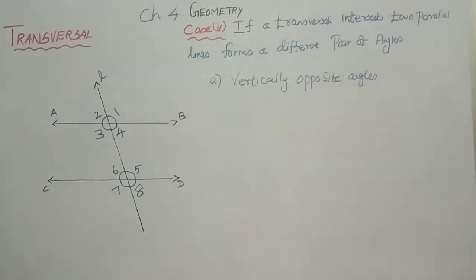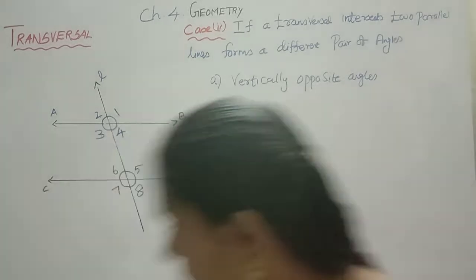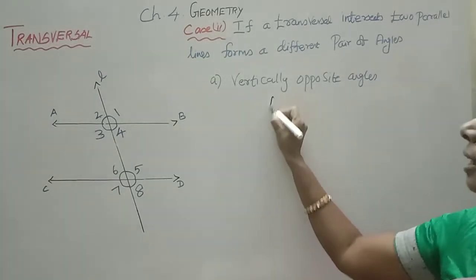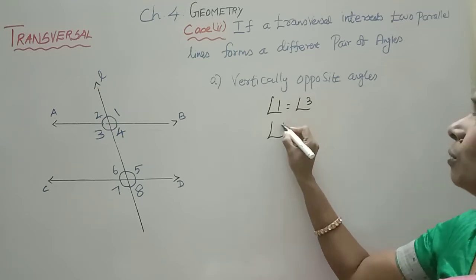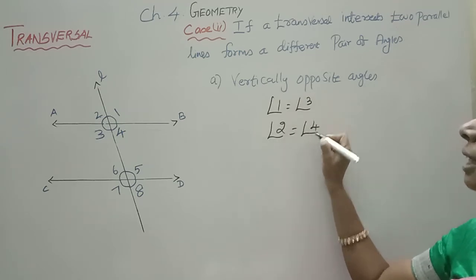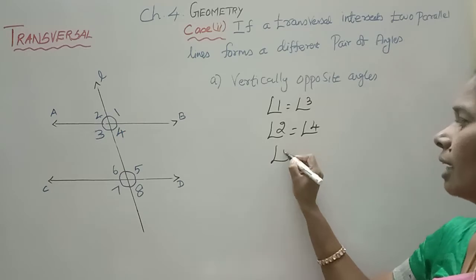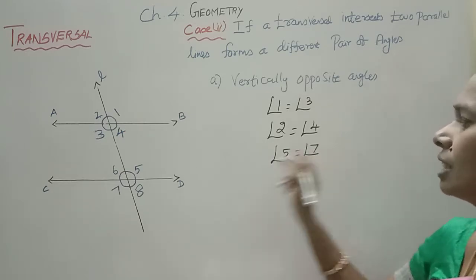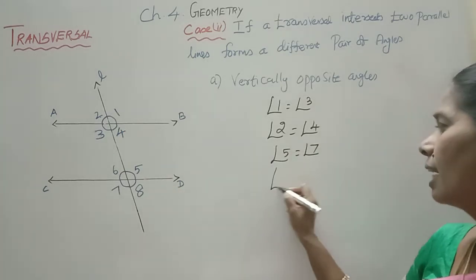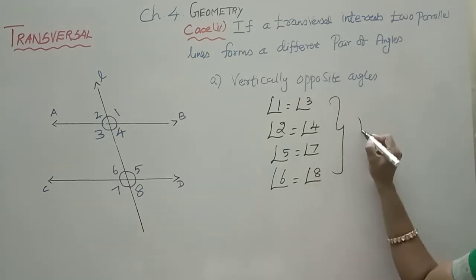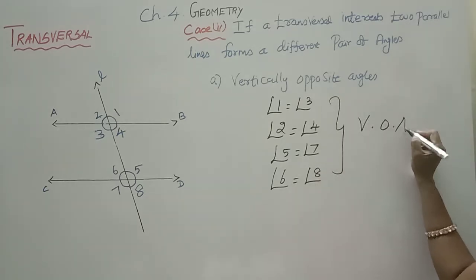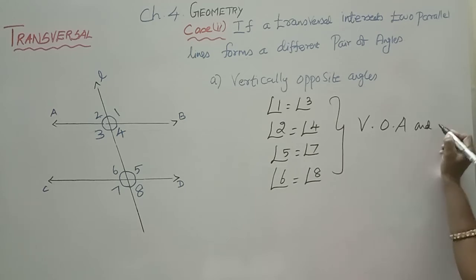Angle 1 equals angle 3. Next, angle 2 equals angle 4. Then angle 5 equals angle 7. Just write the opposite angles. Angle 6 equals angle 8. These are vertically opposite angles and are equal.